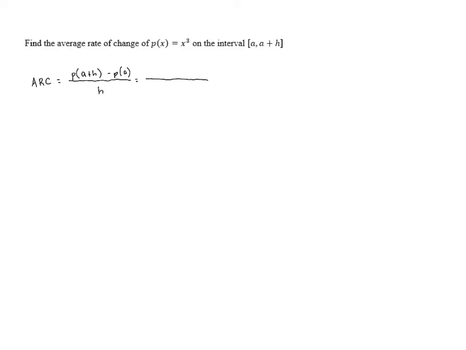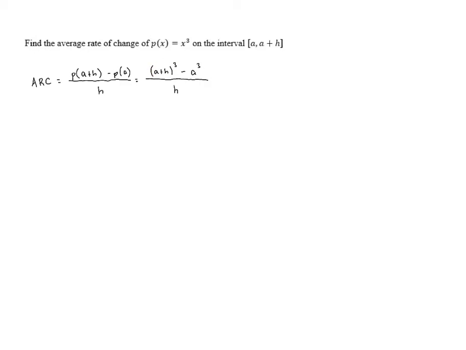And so specifically, this is going to be a plus h cubed minus a cubed over h. Because our function is the function that cubes the input, and here the input is a plus h, that's going to be a plus h cubed, and then minus a cubed.